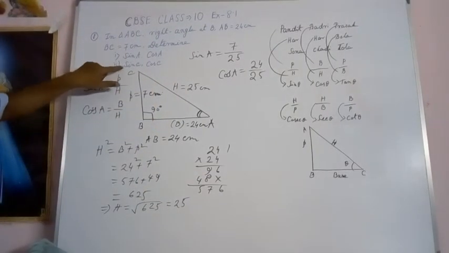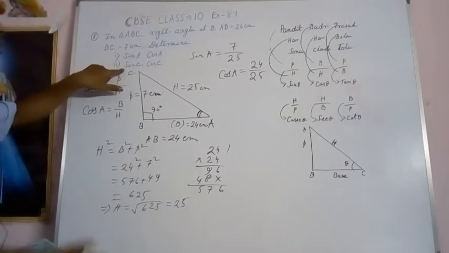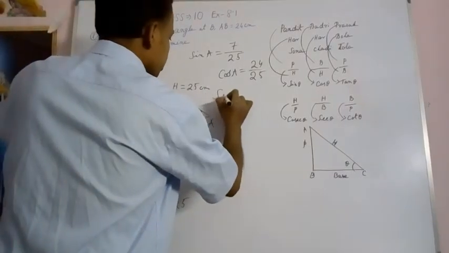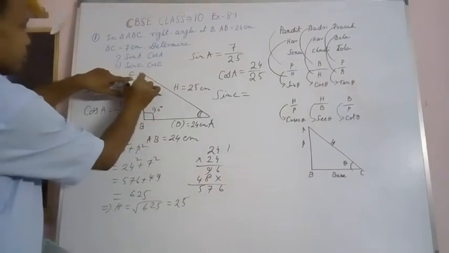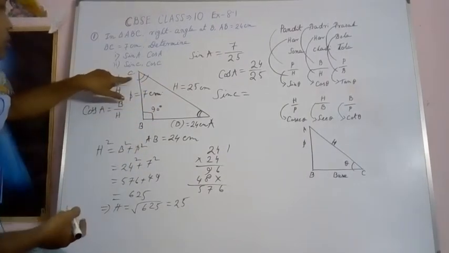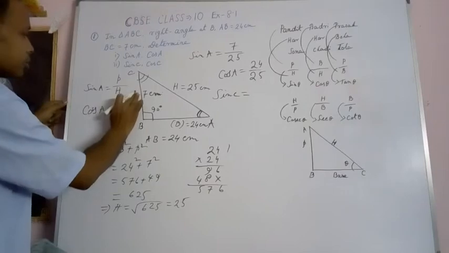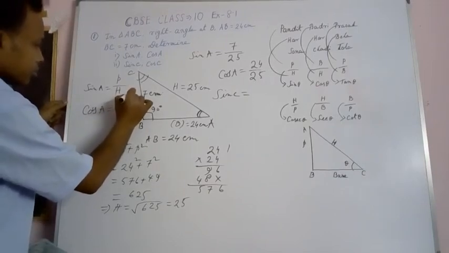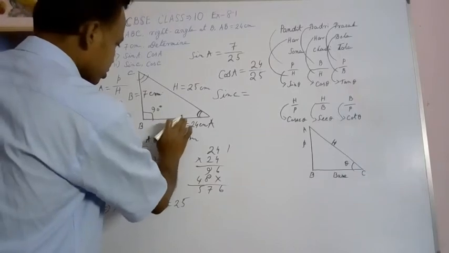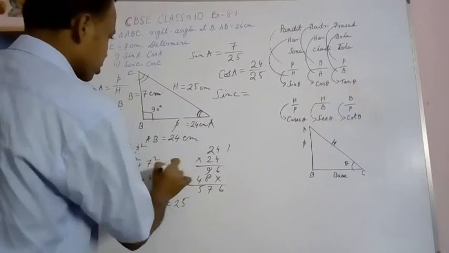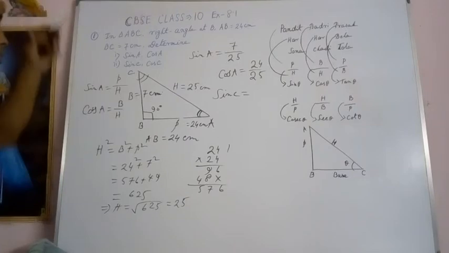Then you have to determine sin C. What is sin C? Here is your angle C. When this is your angle C, then this is your base. Base is equal to 7 and perpendicular will be this. This is your perpendicular is equal to 24.